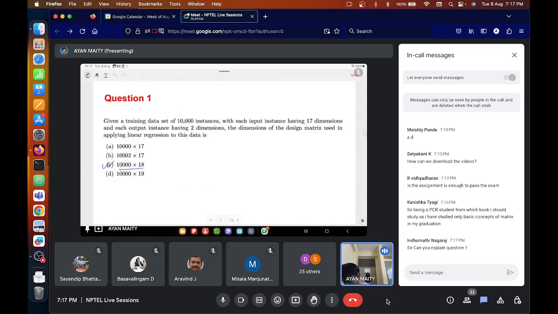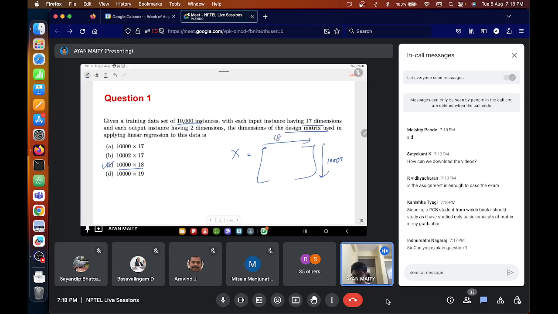10,000 instances are there in the training data. Each instance has 17 input features or input dimensions, and you have to find the dimensions of the design matrix. The design matrix is nothing but X, where each row is a training instance and each column is an input feature.